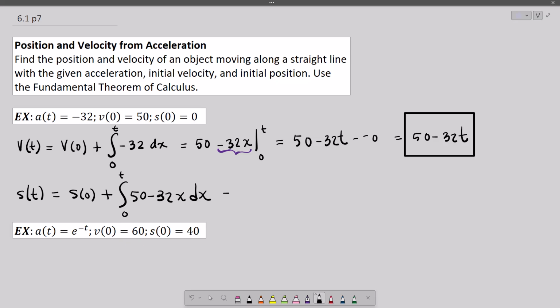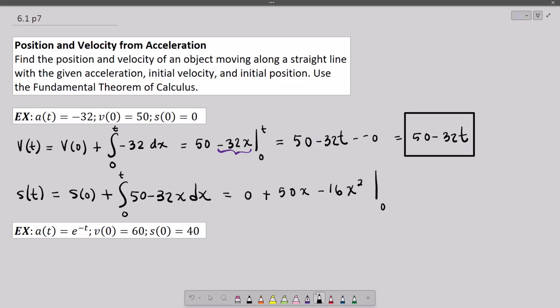Now, s of 0 is given to be 0. So that's from up here. That's given. And now we have to integrate this. Integrating a constant, we get 50 times the variable x. And then we integrate negative 32x, so that's negative 16x squared. We add 1 to the exponent divided by the new exponent.